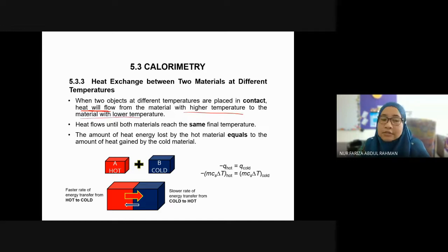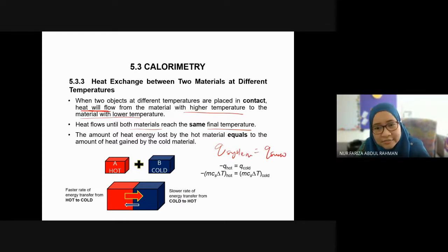So until when will the heat flow? The heat will flow until both materials reach the same final temperature. The amount of heat energy lost by the hot material equals the amount of heat gained by the cold material. This is Q system equals Q surrounding.